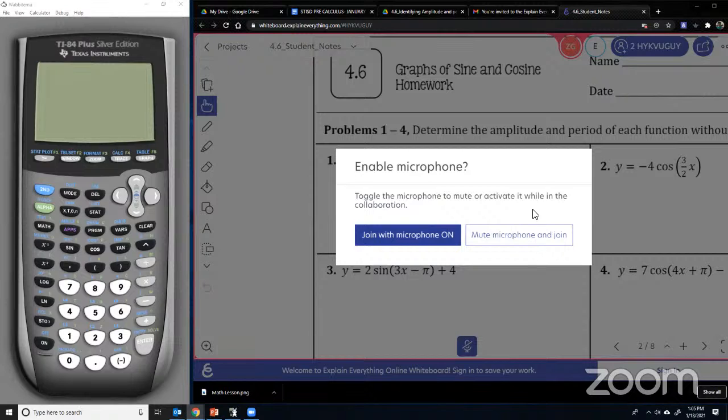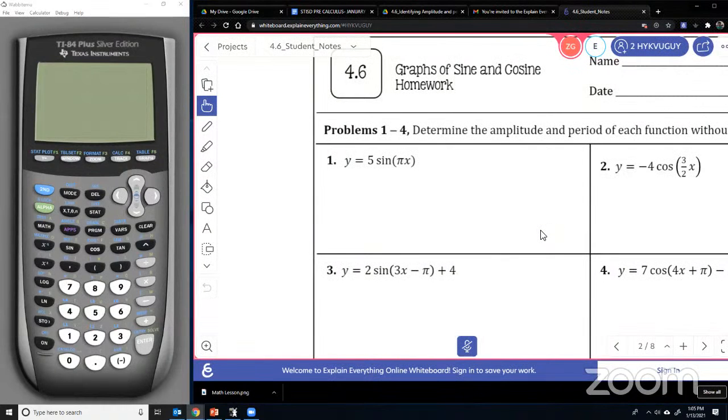All right, here we go. We did this last week, the last time on Monday. So make sure you check this. We had amplitude, right? And we said the amplitude was 5.